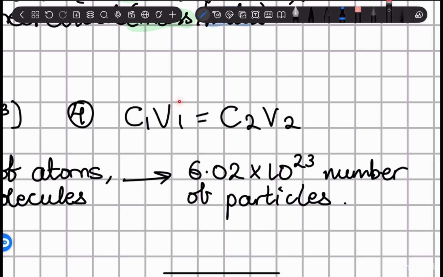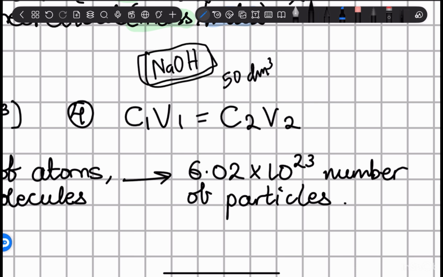So this is essentially saying that, let's say we have a substance like sodium hydroxide, and you're kind of diluting it. So you use, let's say, 50 dm cube of water. That's like the volume 1. And then this sodium hydroxide has a certain concentration.